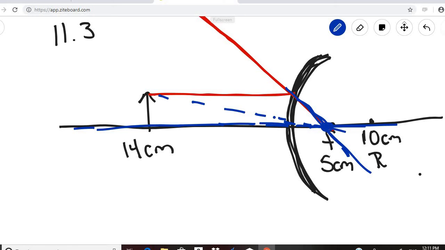And I guess I didn't draw that great. Let me try to do this one again.